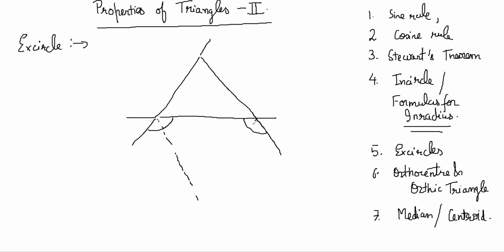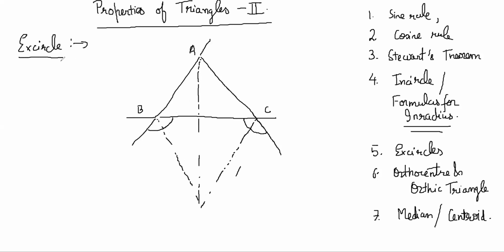This is an external angle. Let's say this is a bisector. Okay, so A, B, C. My bisector is a little wrong. It should be like this, right? And finally meet here.